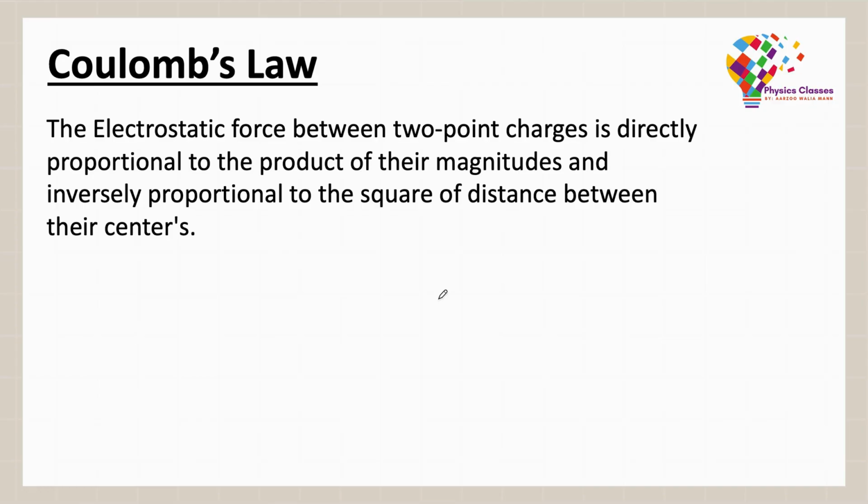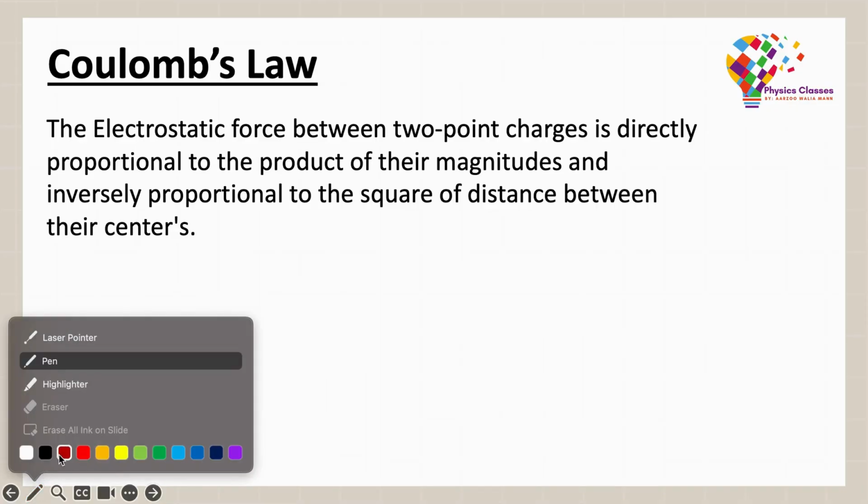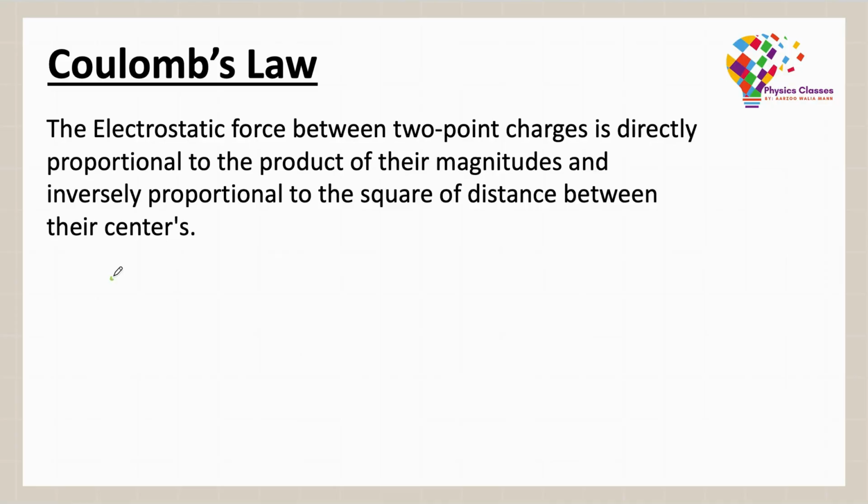What exactly does Coulomb's law say? Before I read the statement, let us try and understand a little about it. Let's say I have two charges, Q1 and Q2, separated by a distance r.